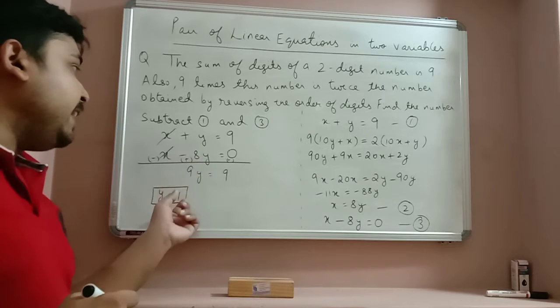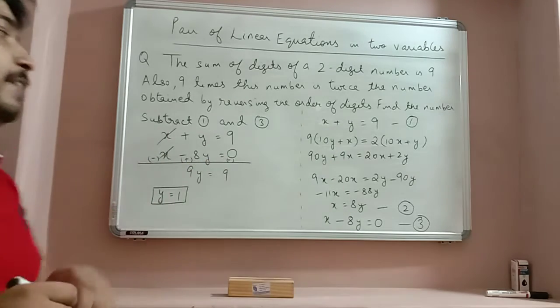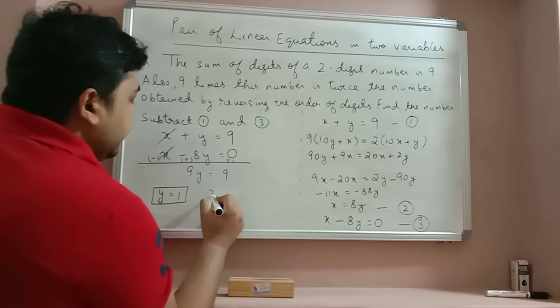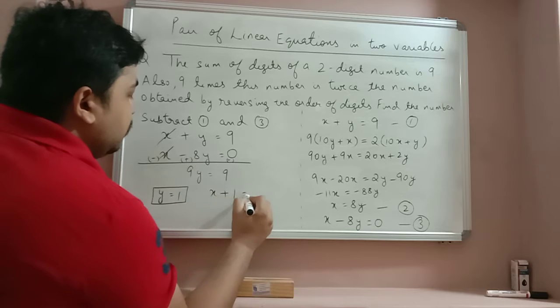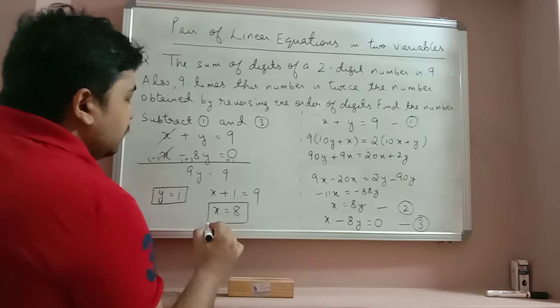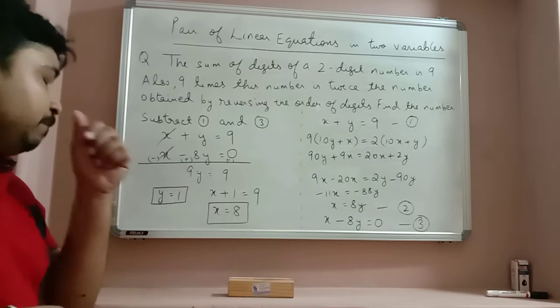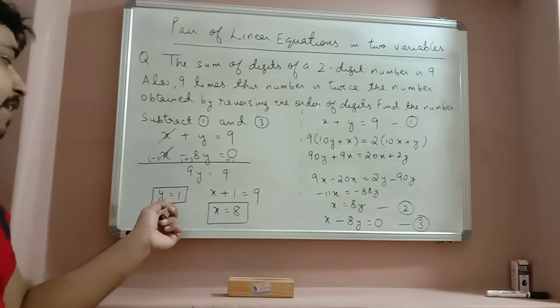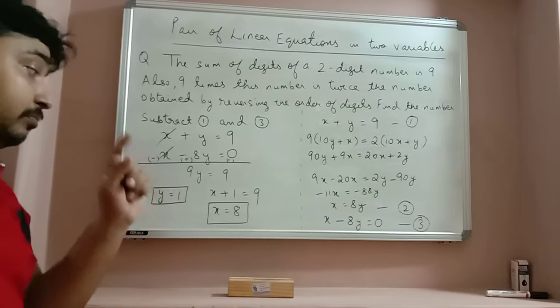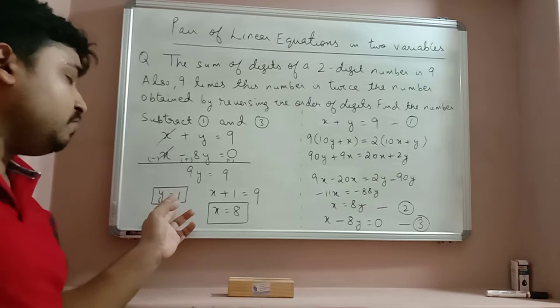Now since we have got y equal to 1, we can put it in either the first equation or the third equation in order to get the value of x. So I will write x plus 1 equals 9, or x equals 8. So we got the values of x and y both. x equals 8 and y equals 1. We assumed that our unit digit was x and our tens digit was y.